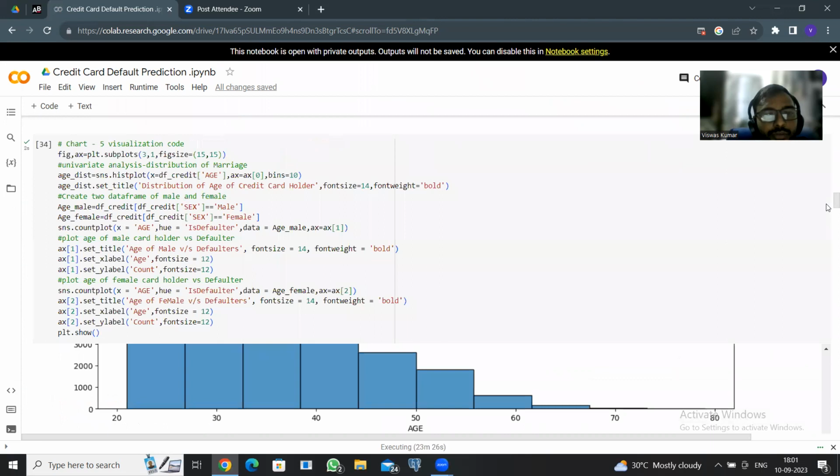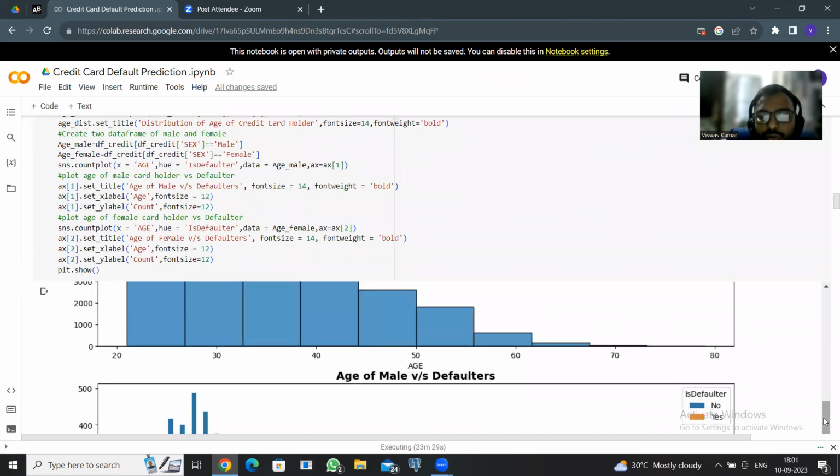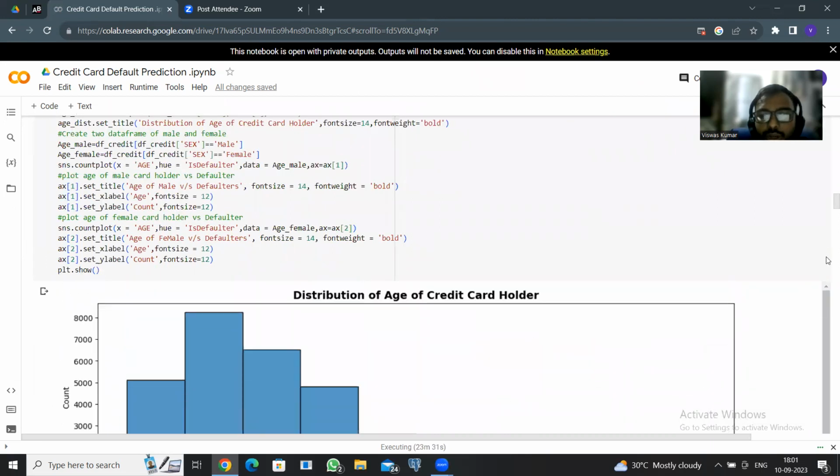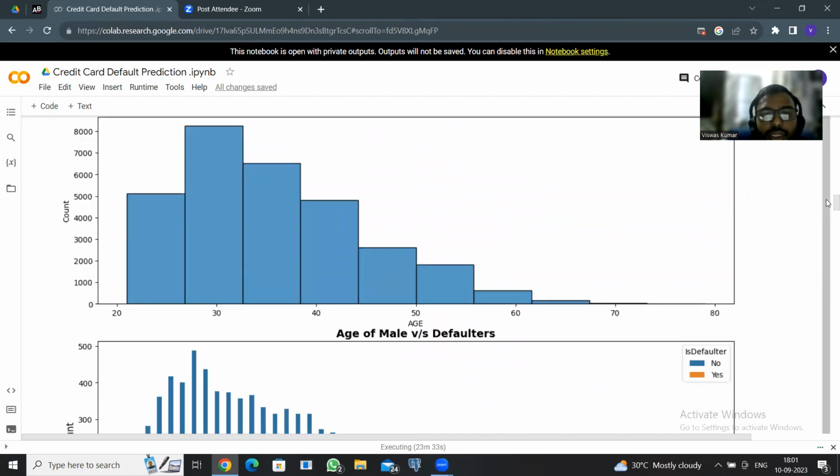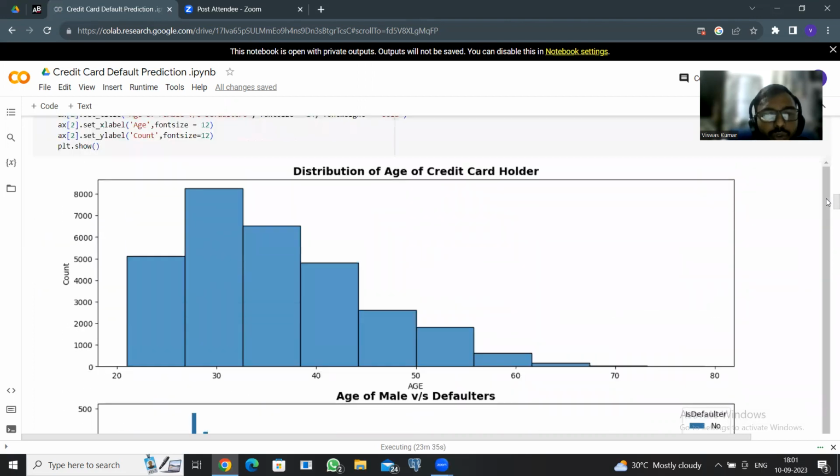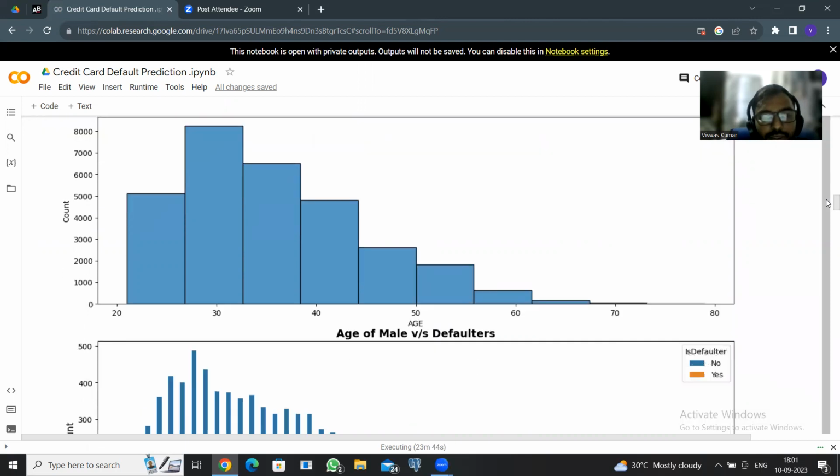Visualization of the age column of our credit card holding customers. Most of our customers fall between 25 and 30 years of age.